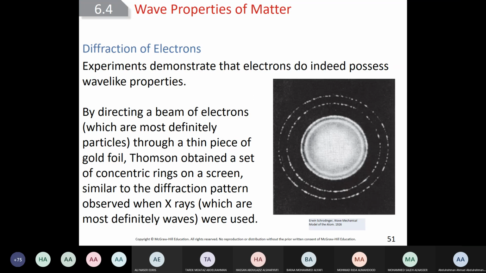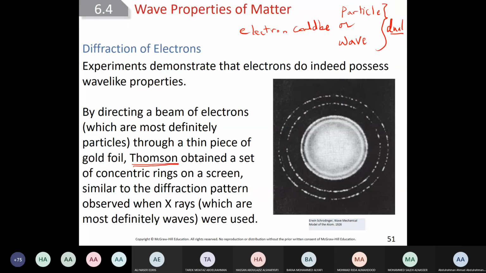Then another scientist, Thomson, not a very famous name, noticed that if he diffracted the electron, he would see waves like this. So he said the electron could be a particle or a wave, and this is called dual.